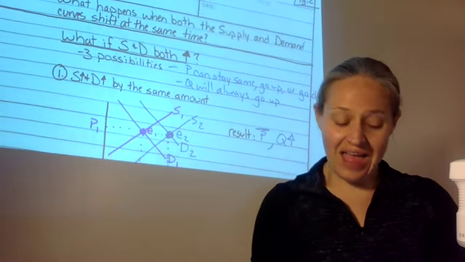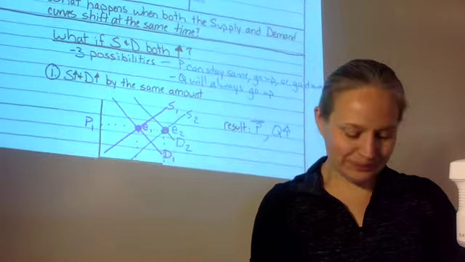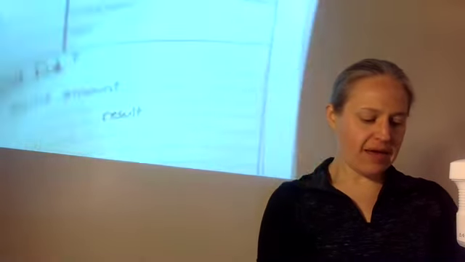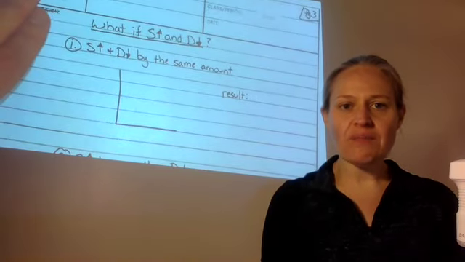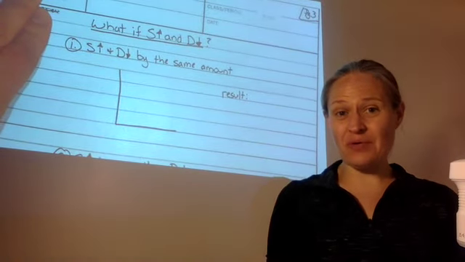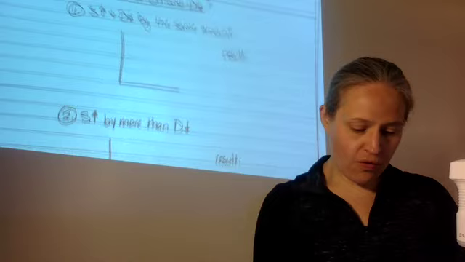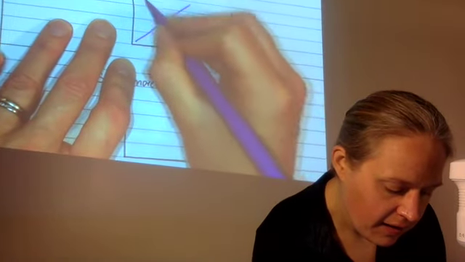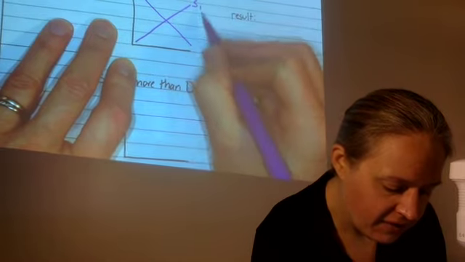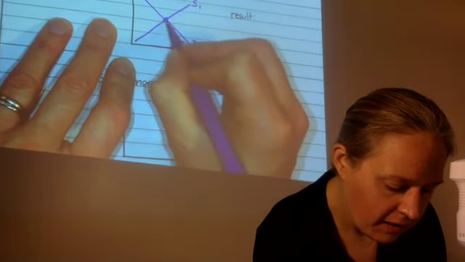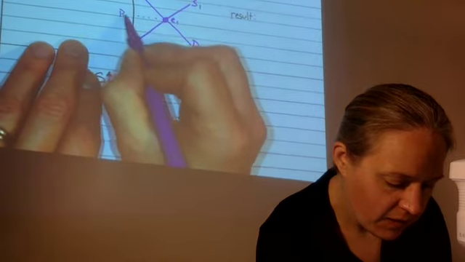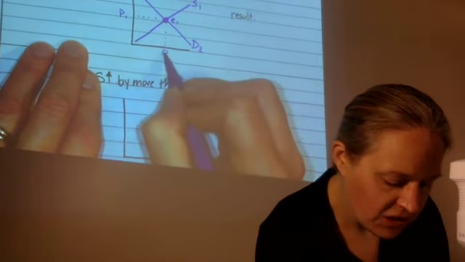Okay. Page 3. Page 3 is what if supply goes up and demand goes down. So before we even start, we're going to draw in our supply curves and our demand curves and our equilibrium point and our price 1 and our Q1 for each one of these.